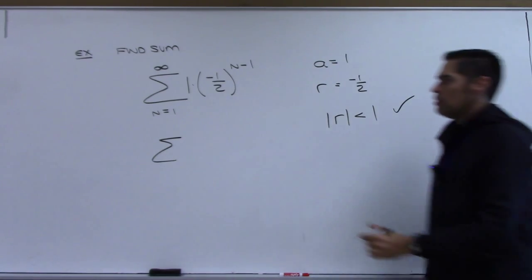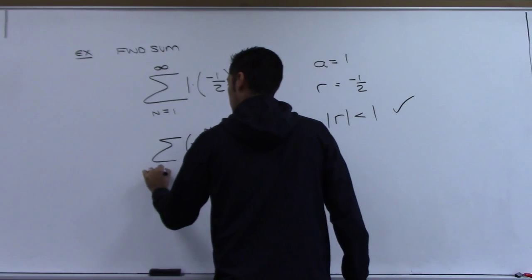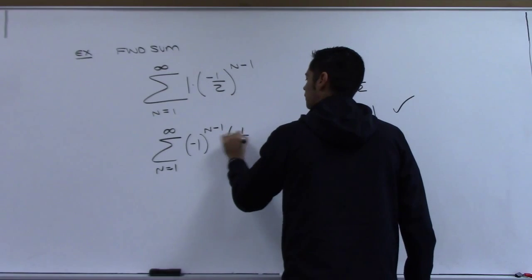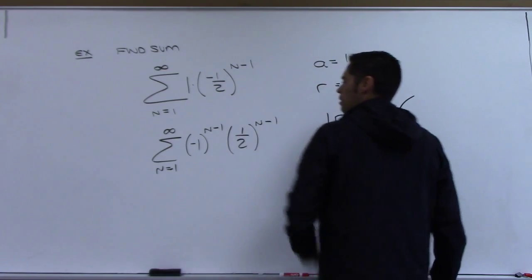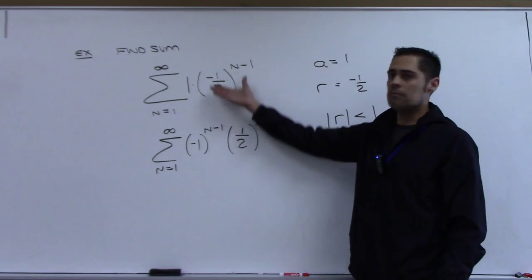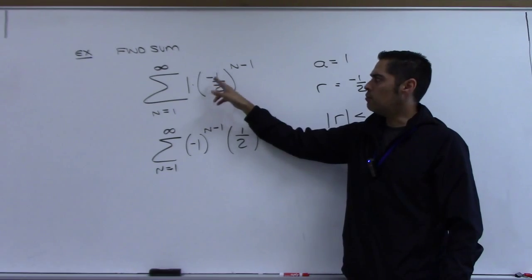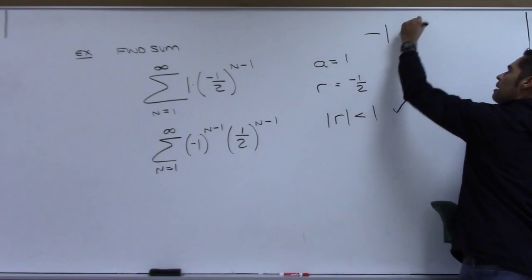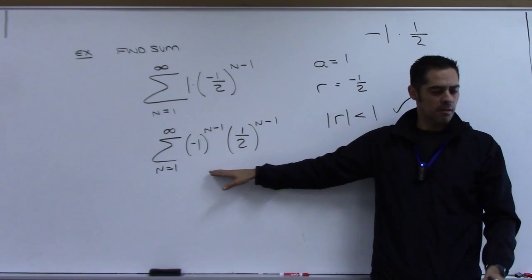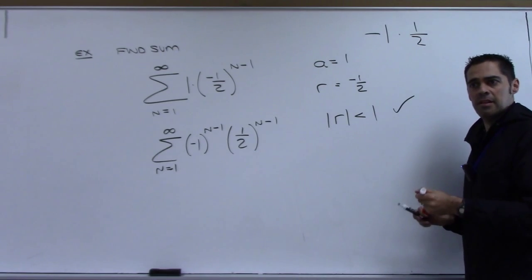Now, watch this. I'm going to do a little tweak to this. Does everybody agree that's the same exact series? All I did was take the negative in here and write it as negative 1 times 1/2, and then I broke it into 2 pieces to be this. Yeah? Okay. This is an alternating series, isn't it?